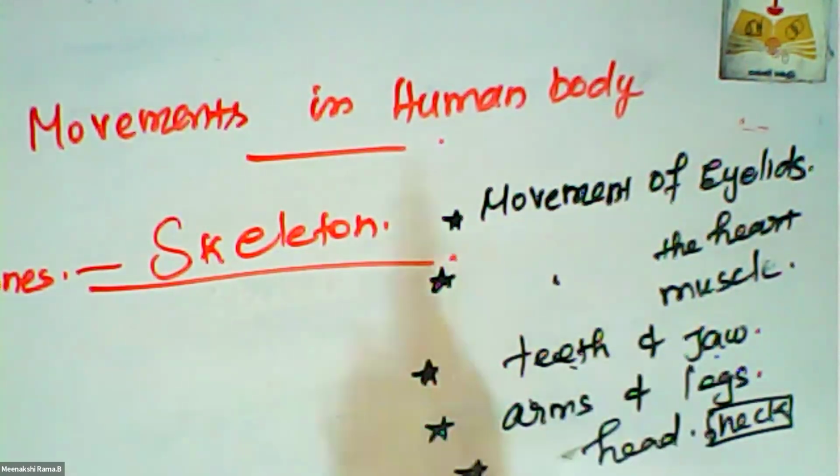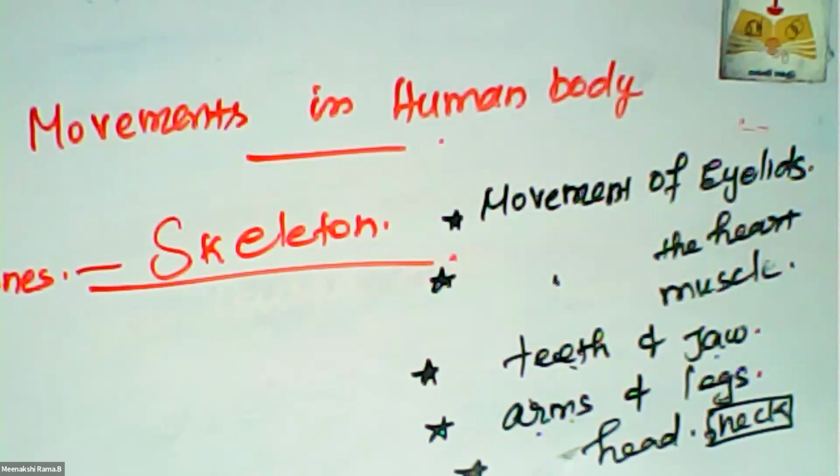Arms and legs move for writing, lifting, and walking. Head and neck also move with each and every action. So these are all the different kinds of movements in our body.